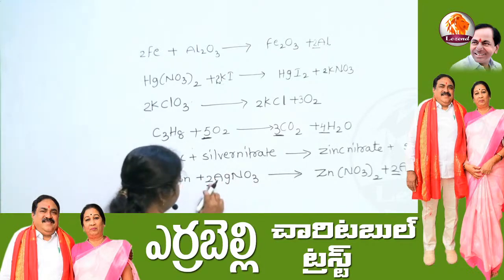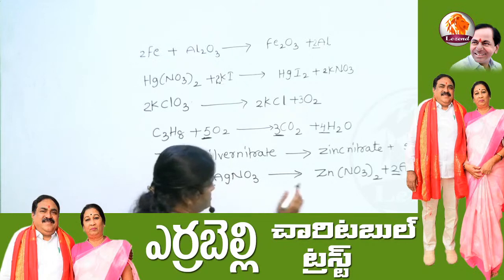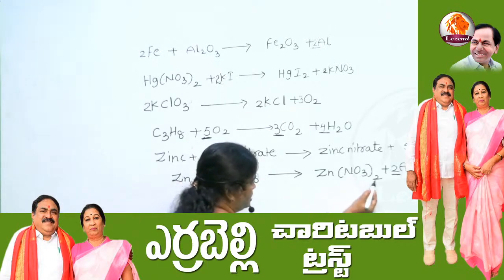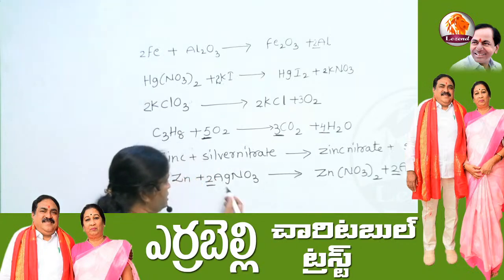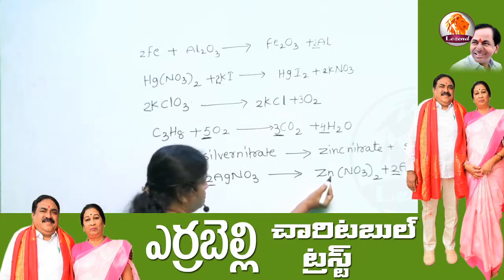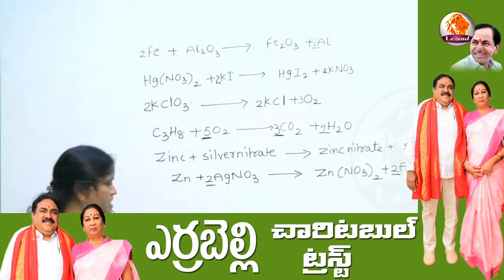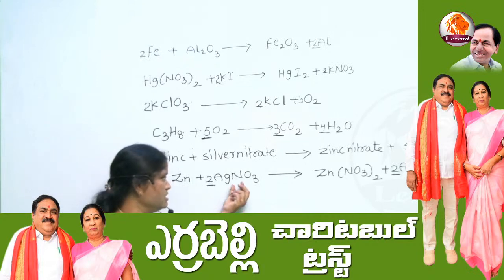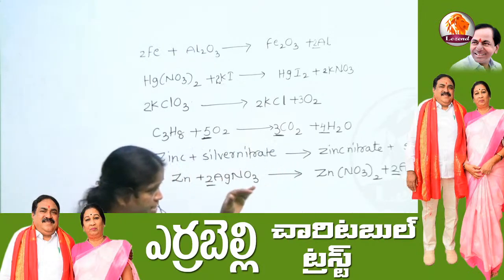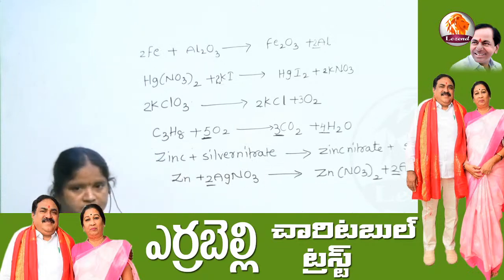So 3 twos are 6 oxygen atoms on the left side, and here 6 oxygen atoms we already have. How many nitrogen atoms do we have? 2 nitrogen atoms. Here nitrogen atoms 2. And silver atoms 2 we balanced. Zinc we have one atom, zinc we have one atom. Look at here, if we make only the change before silver nitrate and the silver atom, the equation becomes balanced.